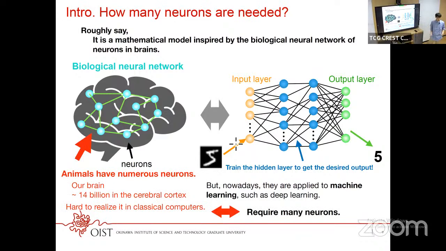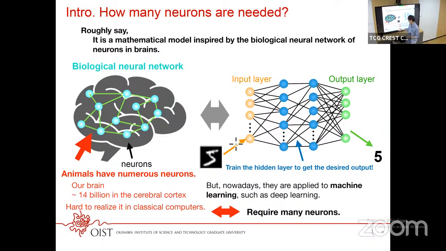Now, how many neurons do we need to make to solve the given problem? For example, in our brain, we have 14 billion neurons in the cerebral cortex.